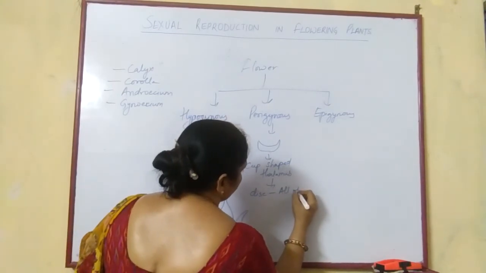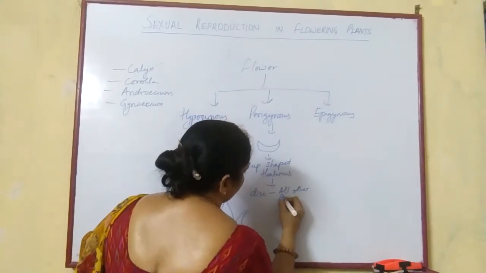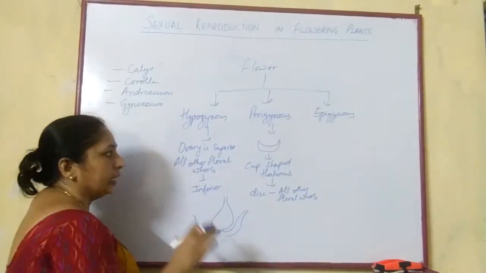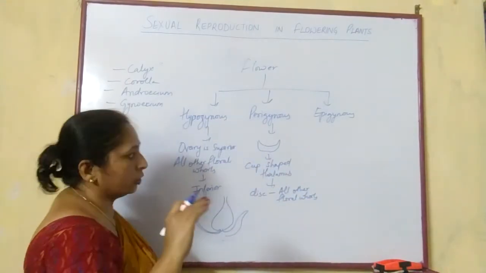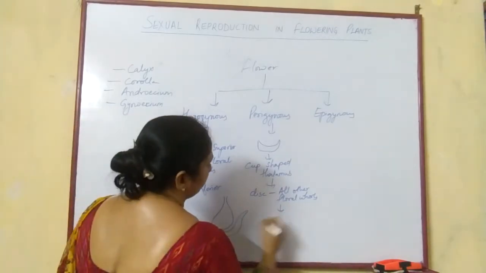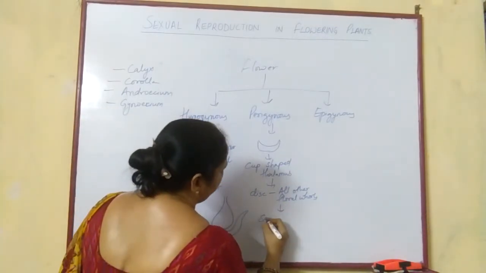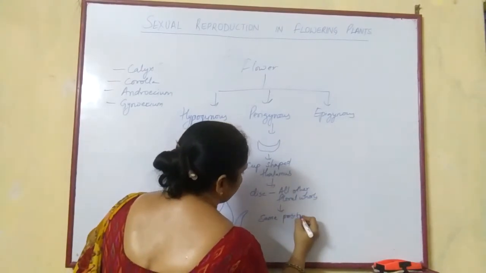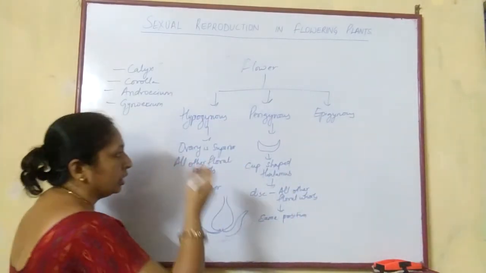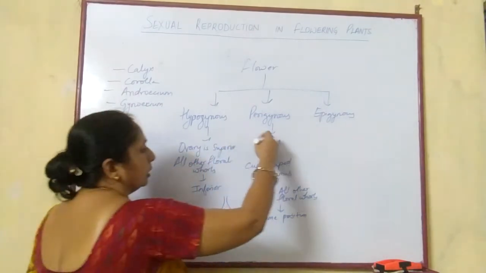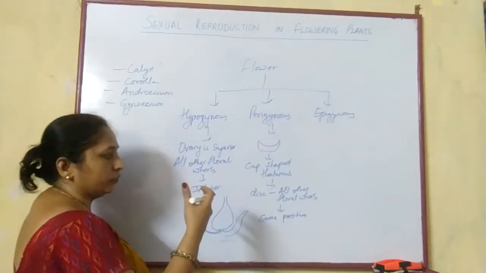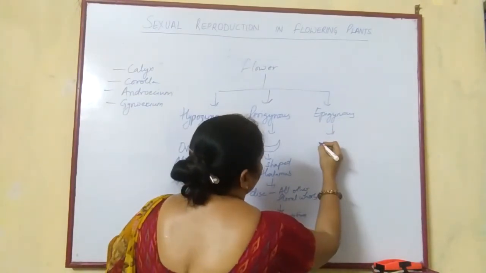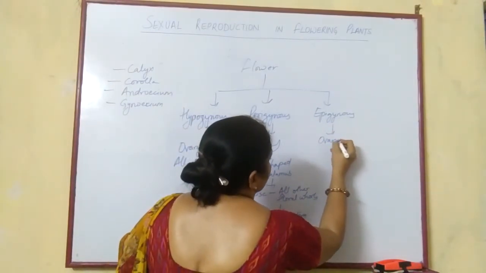It means the ovary and other floral whorls are at the same position. Then the condition is perigynous, or if the floral whorls are at the periphery of the cup-shaped structure, that is also the perigynous condition.